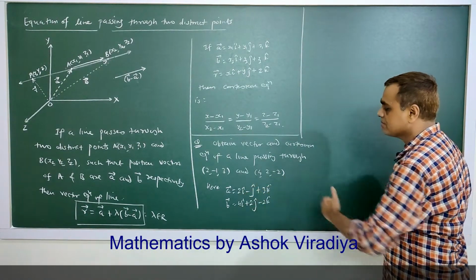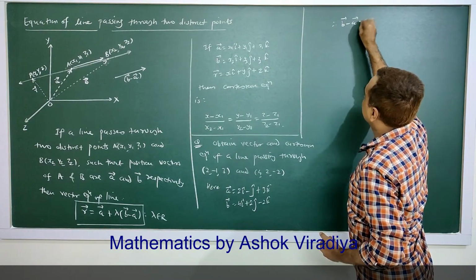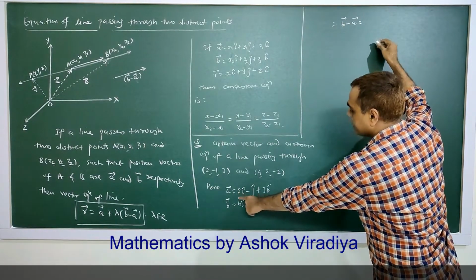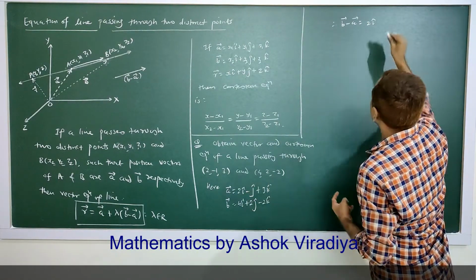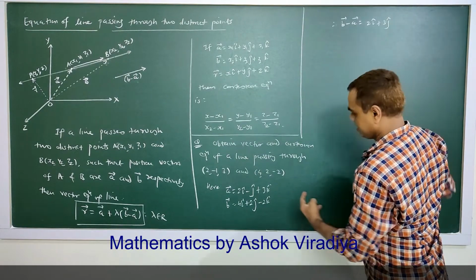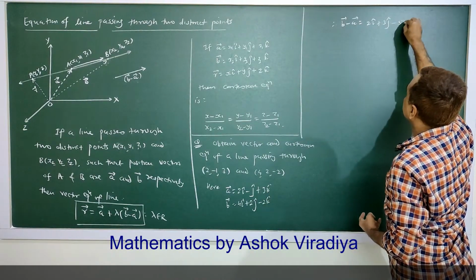Now we find vector B minus vector A. Vector B minus vector A is 4 minus 2, that is 2i; 2 minus minus 1, that is 3j; minus 2 minus 3, that is minus 5k.